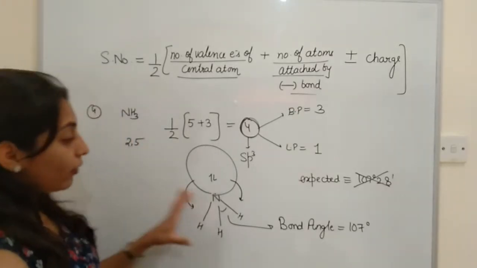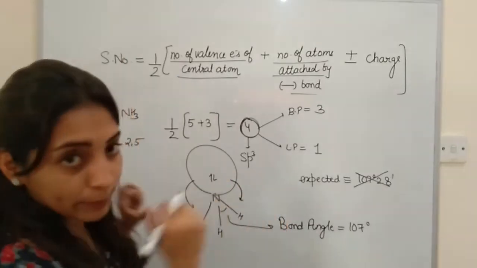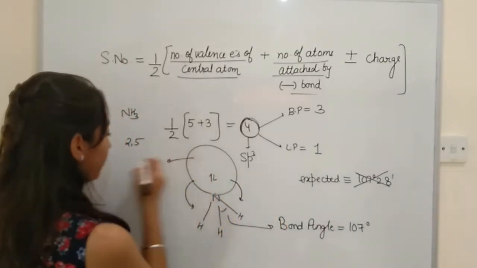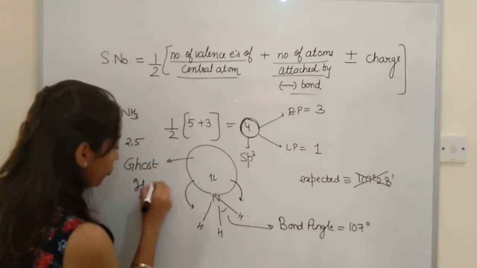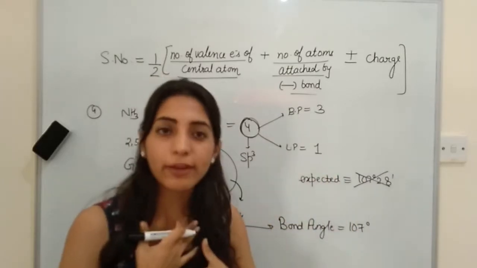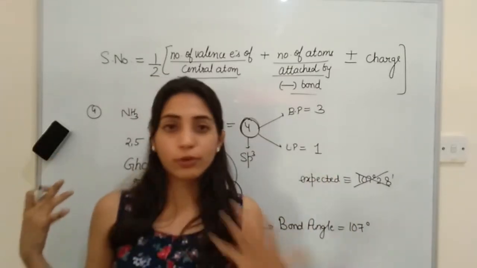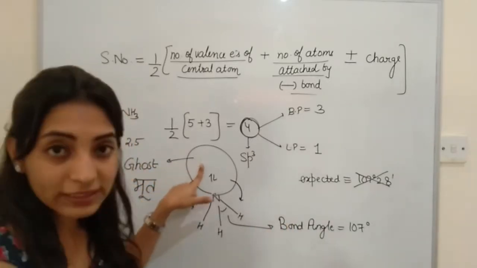Fine. Now let us talk about the shape. Okay, let me stand here and take a picture. Let us consider the lone pair as a ghost. It's a bhoot. Bhoot, you know, right? If there is a bhoot standing and I am taking a selfie, obviously only my photo will come, bhoot's photo or ghost photo will not come. So if you take a picture, click from here, you will not be able to see this, right?